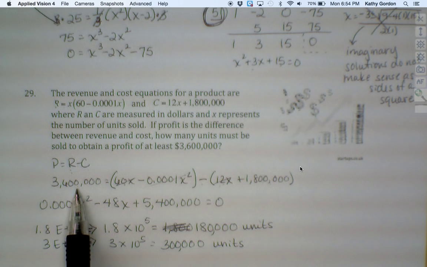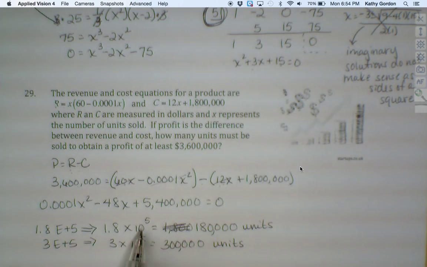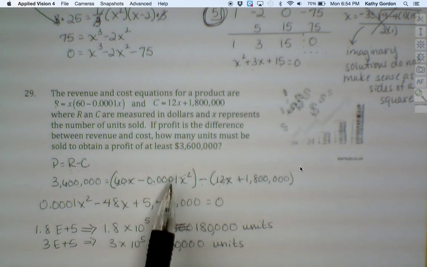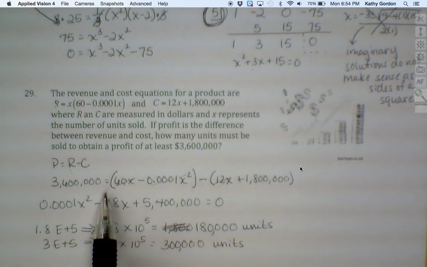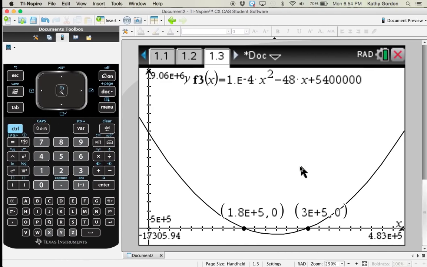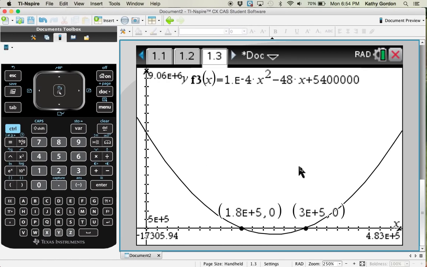Let's make sure we do this right. Because we turn things around, right? So we actually want the units that are in between there. Right? Because this is where we're actually going to get maximum profit.